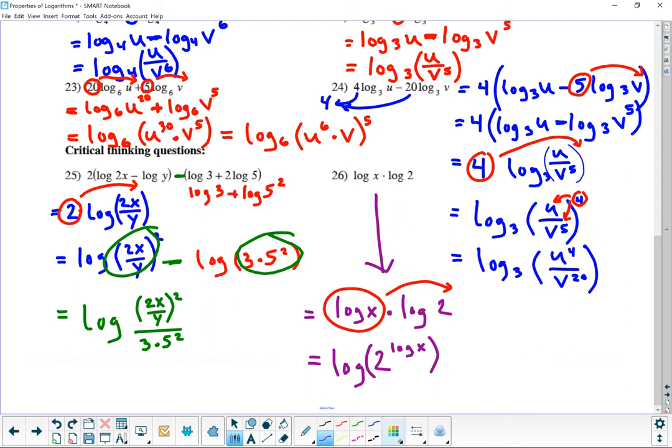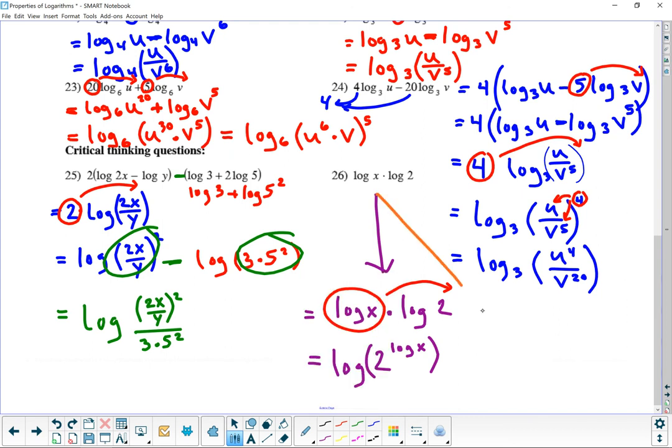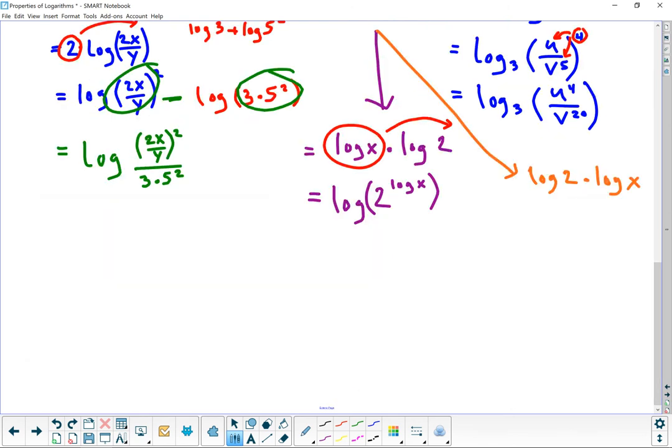We'll use orange, it's been a while. We can actually rewrite this, because it's multiplication, as log 2 times log x. That's pretty cool, because now we can think of this as this log 2 being multiplied into the log, which means we can take the log 2 and put it as an exponent for the log x.